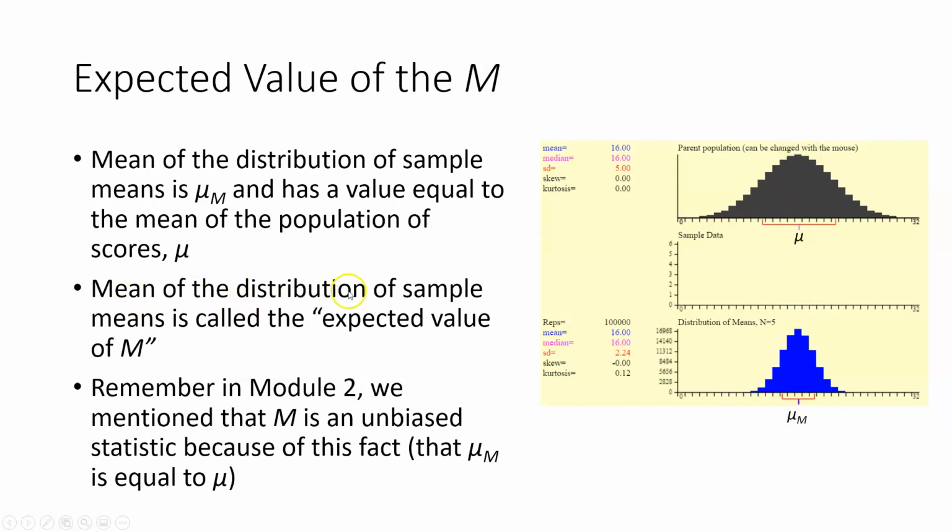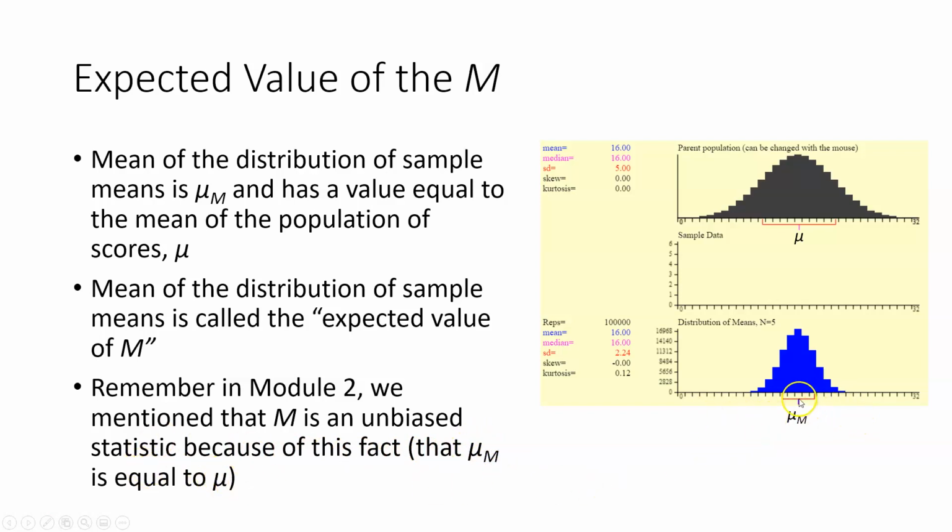The mean of the distribution of sample means is called the, quote, expected value of the mean. So this right here is read out loud as expected value of the mean. Remember, in Module 2, we mentioned that the mean is an unbiased statistic because of this fact, that the expected value of the mean is equal to the mean.